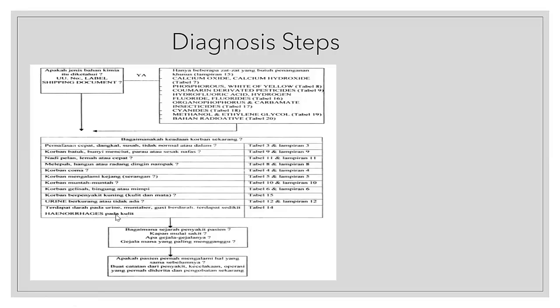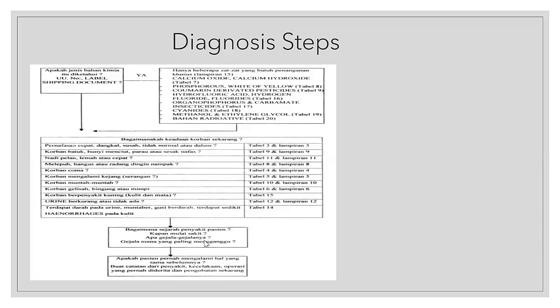And if there is blood in the urine or they have a problem with metabolism, and bleeding around the teeth, and small hemorrhages on the skin, refer to table 14.